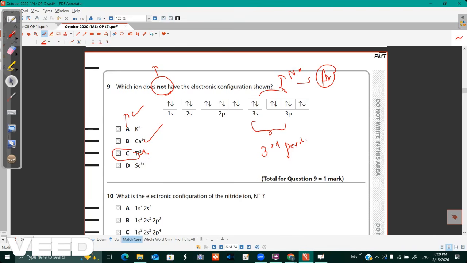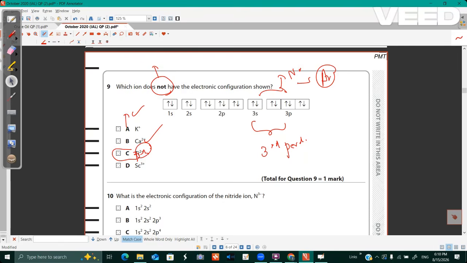Scandium, titanium. Titanium 2 plus. So it is moving 4s2. What's the electronic configuration of titanium?